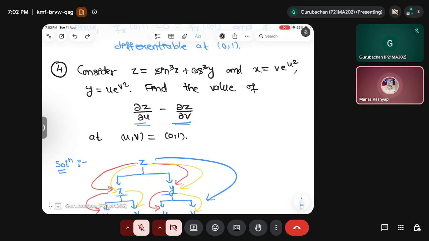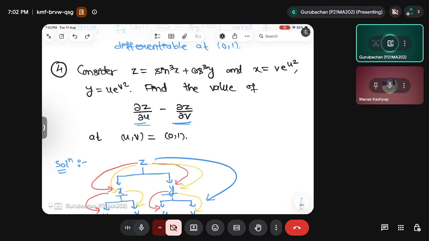Minus 3 by 2 sine 2. Minus 3 by 2 sine 2, correct.